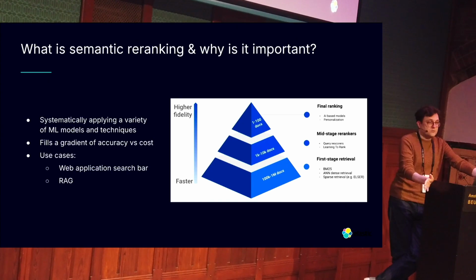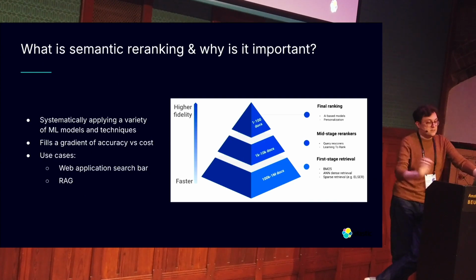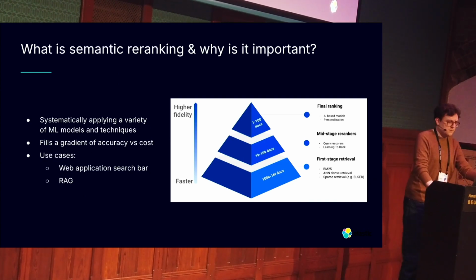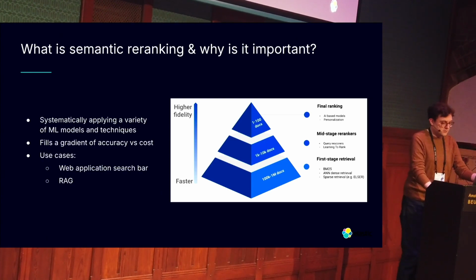So maybe you get 100 docs back out of your initial search, and you want to make sure that the top docs are the very most relevant ones, and you use a more expensive machine learning model there because it's only over 100 docs instead of your entire database of maybe millions of documents, right? And we see this a lot in web application searches and in RAG use cases particularly.